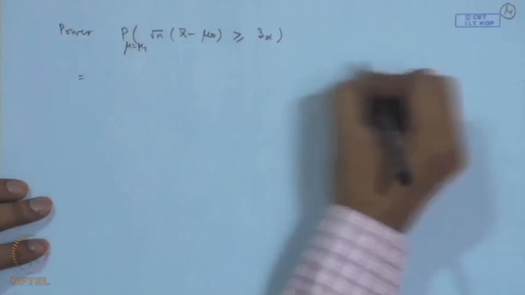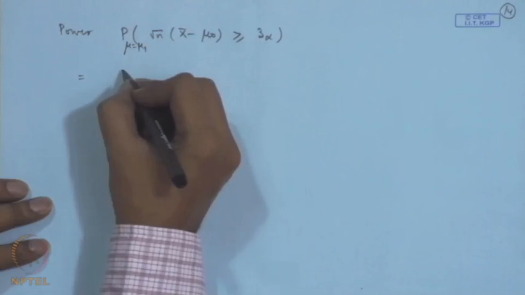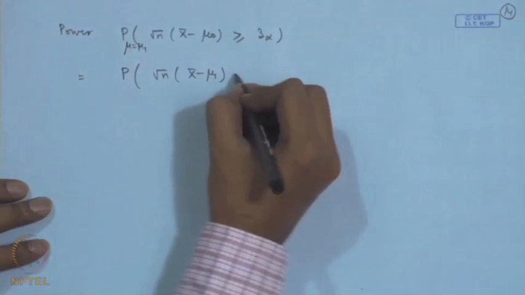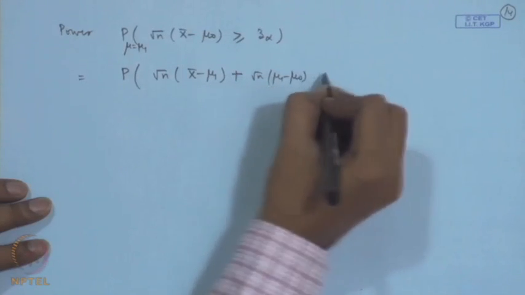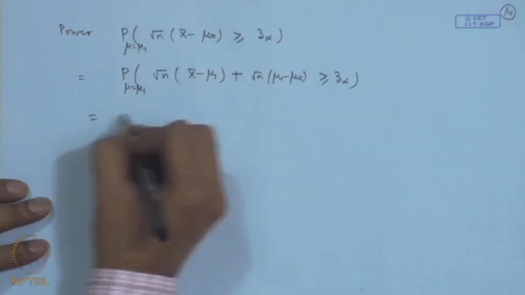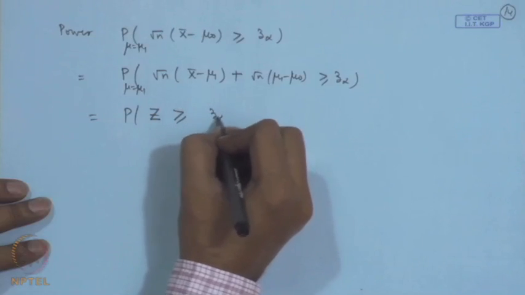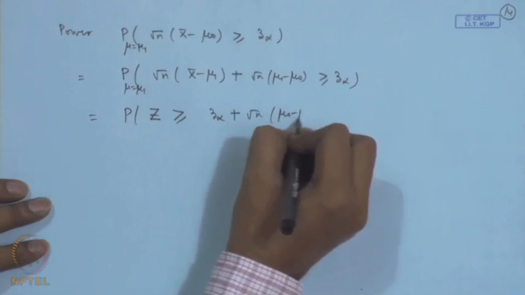So, that is equal to, when mu is equal to mu 1, this does not have the standard normal distribution, rather we need shifting here: root n x bar minus mu 1 plus root n mu 1 minus mu naught greater than or equal to z alpha for mu equal to mu 1. That is equal to probability z greater than or equal to z alpha plus root n mu naught minus mu 1.